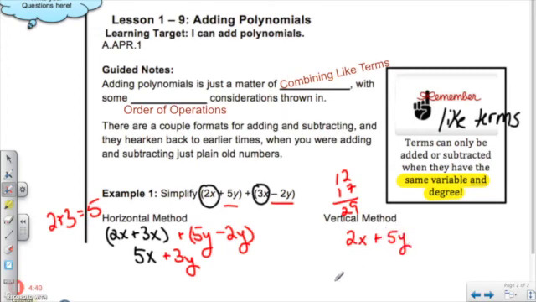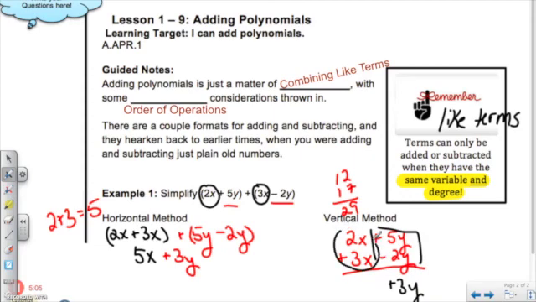So we have 2x plus 5y, and I'm going to add to that 3x minus 2y. When I add that, I'm going to add these like terms, 5y minus 2y, or 5y plus negative 2y. Either way you think about it, you end up with positive 3y. And then I'm going to take my 2x plus 3x over here and say 2x plus 3x is 5x. In both cases, I end up with 5x plus 3y.